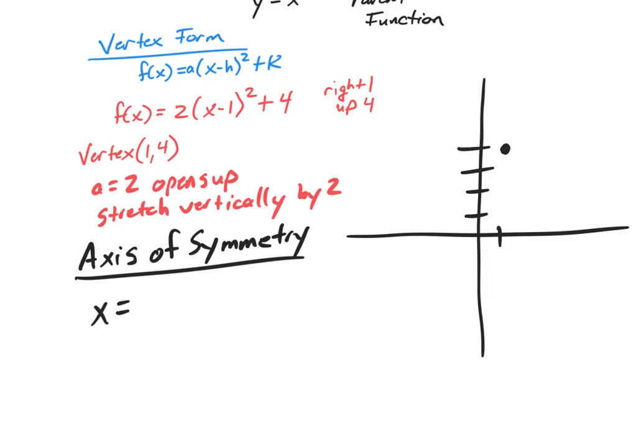We talked about symmetry a little bit last week at the end of chapter 2. It's always the same as the x value of the vertex. So if the vertex has an x value of 1, the axis of symmetry is x equals 1. That vertical line is the line of symmetry for the graph.